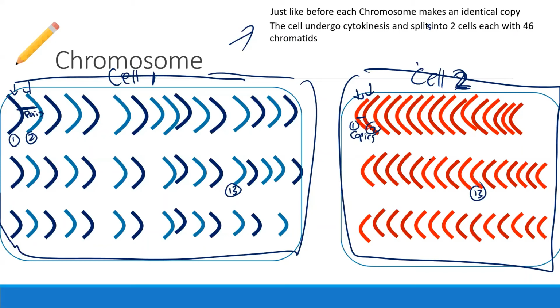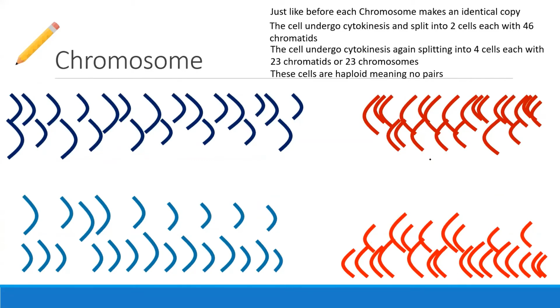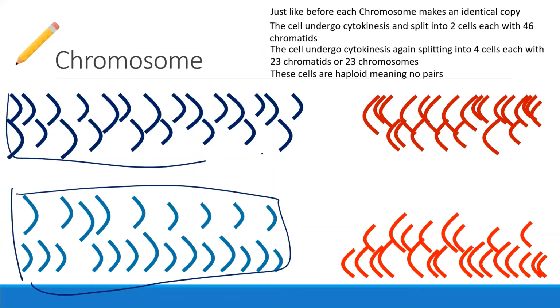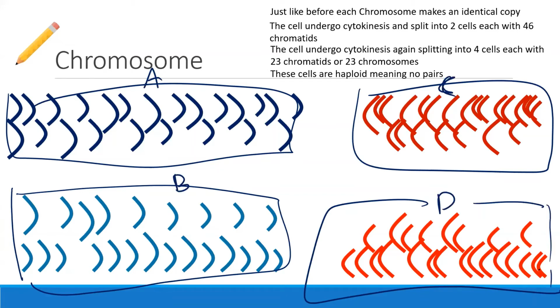Where it becomes interesting is then I'm now going to split this again. Okay, I'm going to split it like this. Now I have 4 cells, A, B, C, and D. So what I've done is I've taken my deck of cards, I've cut them in half, and then I've cut them in half again.